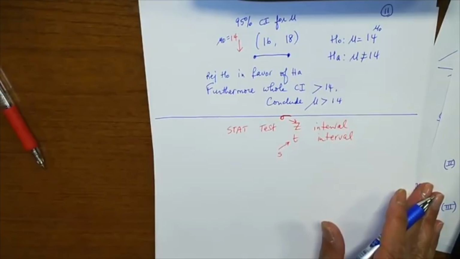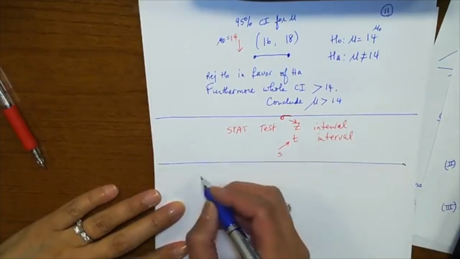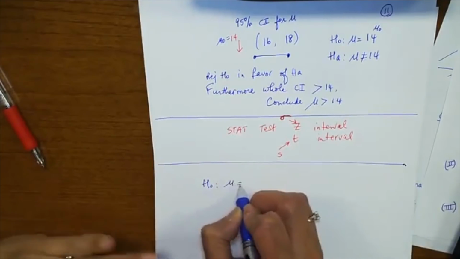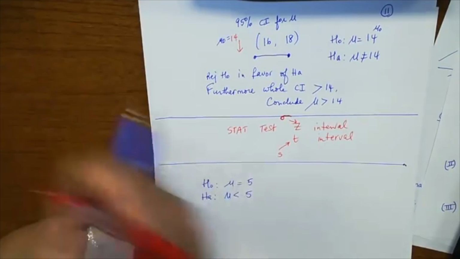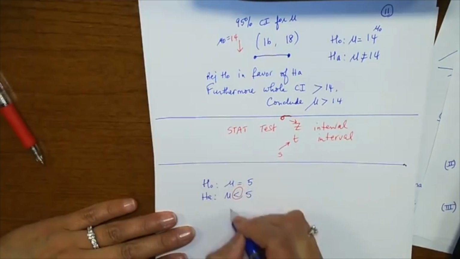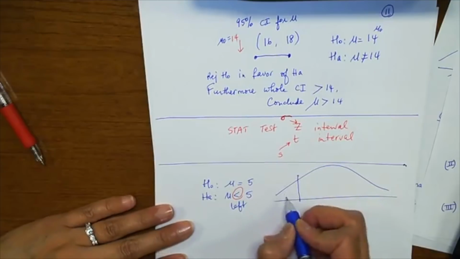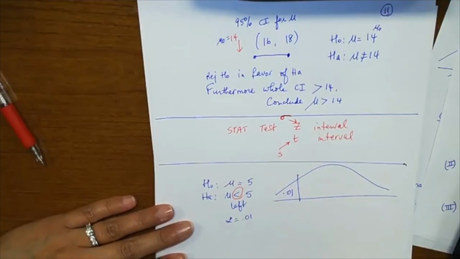Okay. Next is the critical value method, which says, I make something up, H naught: mu equals 5 versus HA: mu less than 5. This is a left-sided test. That means the critical region's on the left side. Let's say that alpha is 0.01. I put the whole alpha in the left tail.